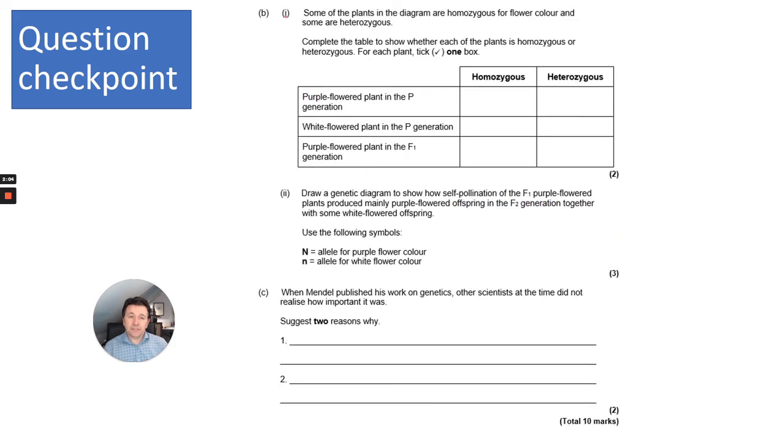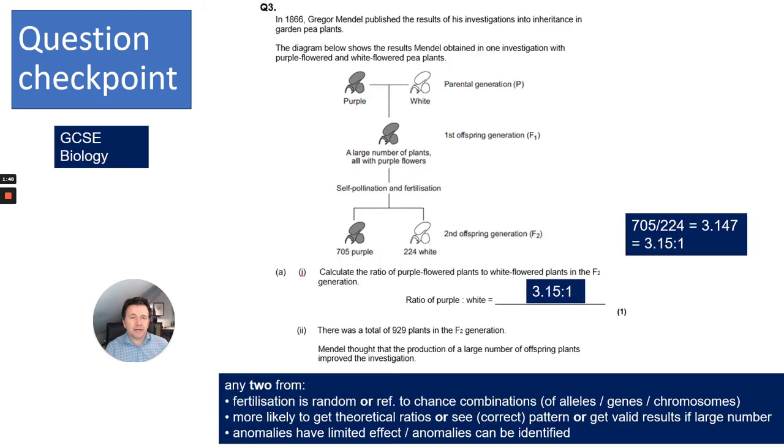Second part of the question, so again, I'd like you to pause it, read it and answer it. So pause in 3, 2, 1. It says in B, some of the plants in the diagram are homozygous for flower colour and some are heterozygous. Complete the table to show whether each of the plants is homozygous or heterozygous. So purple flowered plant in the P generation.